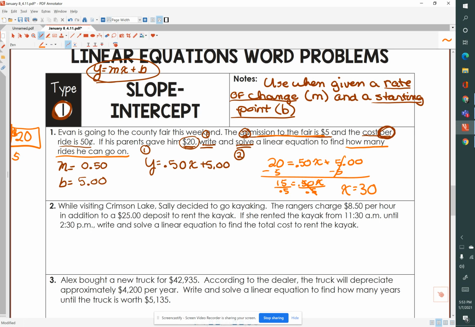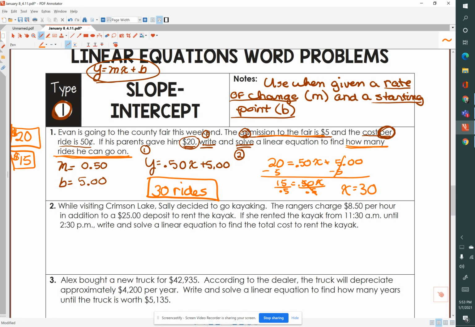So that left him with $15. Now, if each ride is half a dollar, 15 divided by half a dollar is 30. He can go on 30 rides. The question asks, how many rides can he go on? So the answer is Evan can go on 30 rides.